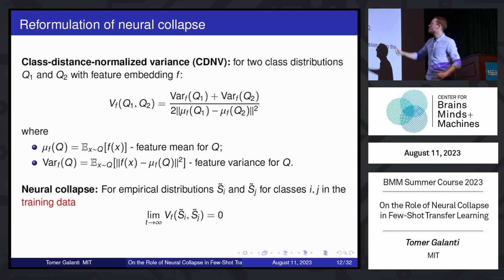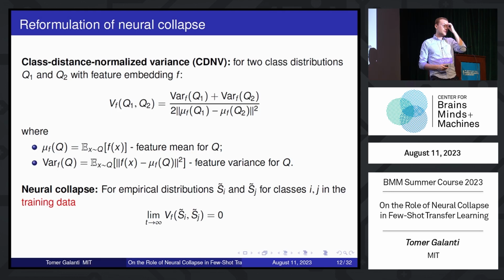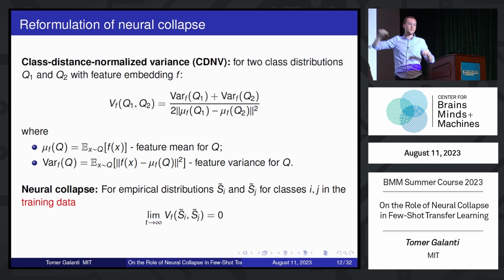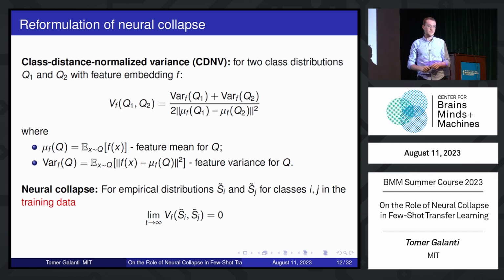Okay, so that is basically the ratio here. You want this quantity to be small? Yeah. The smaller it is, the more collapsed the classes are. Because if the variance is small compared to the distance, it means that they are quite clustered.